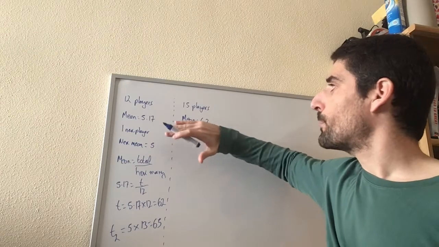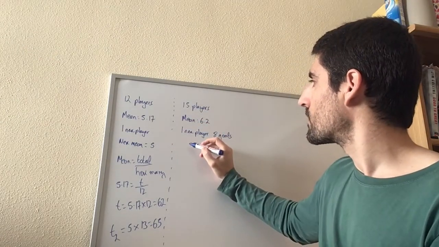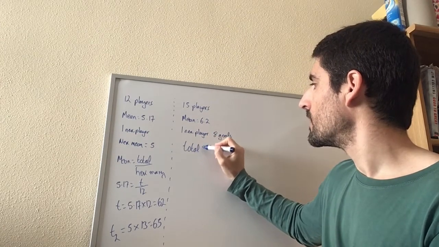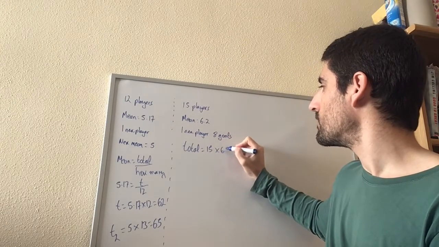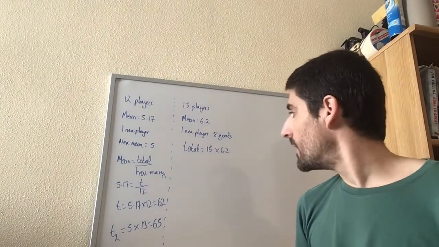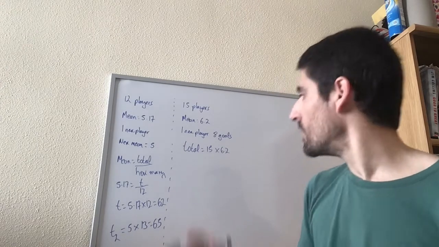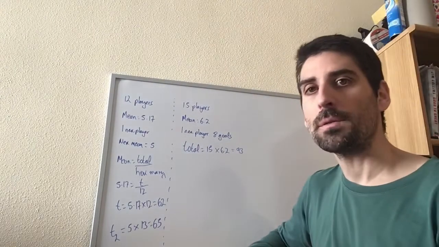Before the new player arrived, the total number of goals would have been the number of players multiplied by the mean. So 15 multiplied by 6.2 is 93 goals.